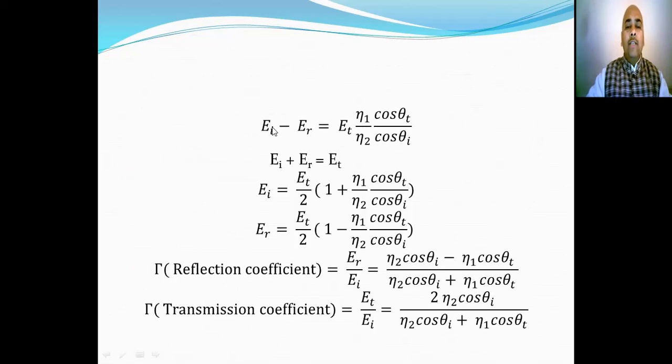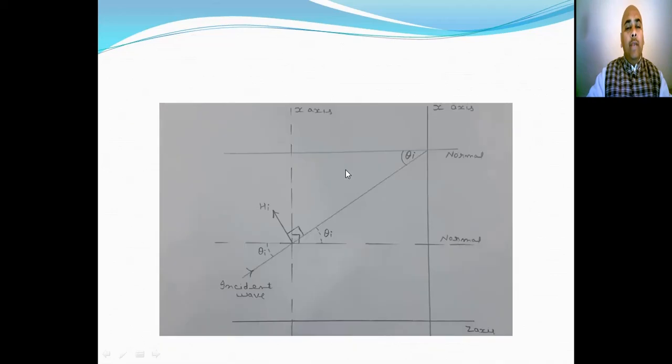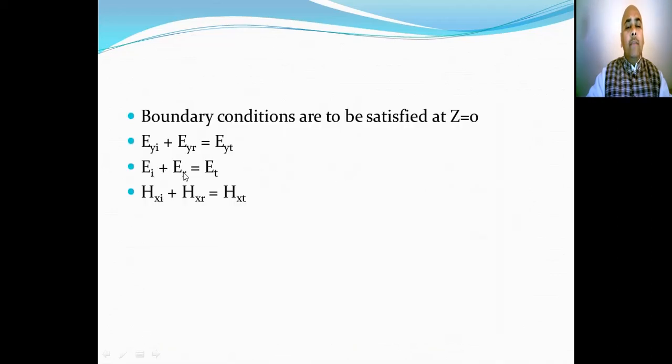So one equation is E_i minus E_r equals that, and we found earlier that E_i plus E_r is equal to E_t.